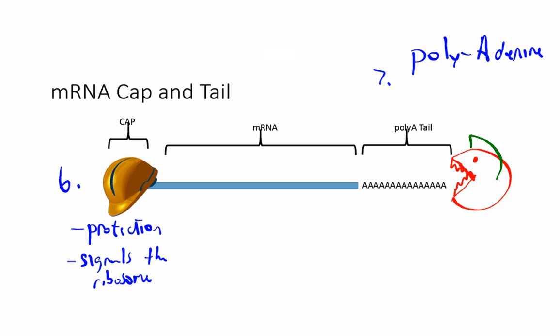Why? Because your cells don't want lots of RNAs laying around, so the cytoplasm is a way that they are broken down, but you want the important portion of the gene to not be broken down until it's translated, and so this poly A tail is a mechanism against that sort of thing.